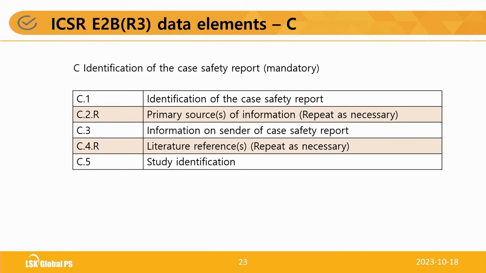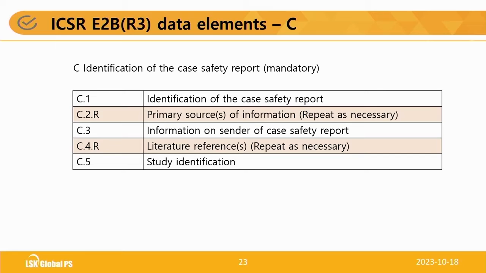PMS. And then C is the identification of the case safety report. The rows highlighted in orange can be repeated, so it says C.2.R and C.4.R.